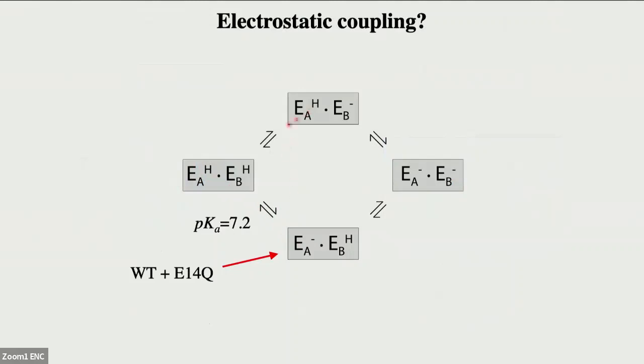We also wanted to look at this other pK corresponding to monomer B. And that was a little bit more tricky of an experiment that we devised. But the idea is that we would mix wild type with a double mutant that contained both of those two mutants that I told you about before. So one of those is replacing the glutamate 14 with a glutamine, and the other was the L51I sample.